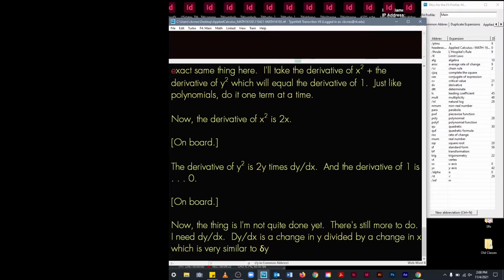Right? I need my result to be dy dx is equal to something.